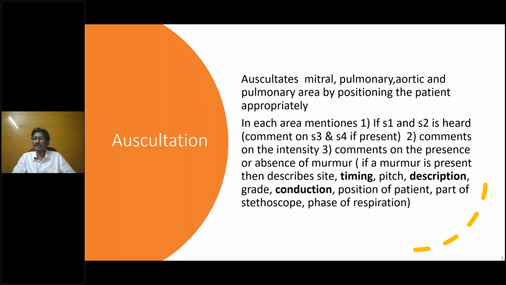Roshni has put ESM. You have to tell about the sounds in different areas, and about the murmur with a full description. I think we know how to do it based on the discussions we had in mitral stenosis and mitral regurgitation. Try to attempt a complete description of the murmur.